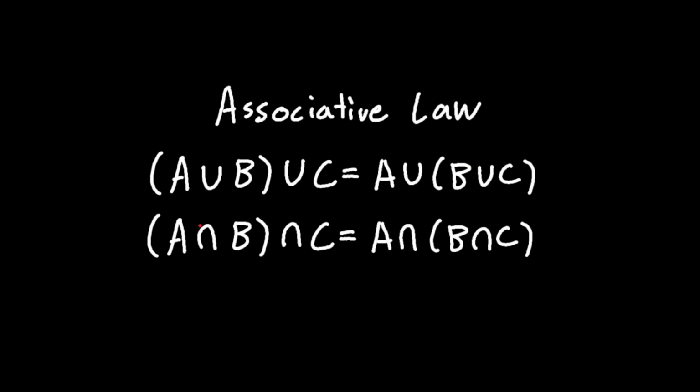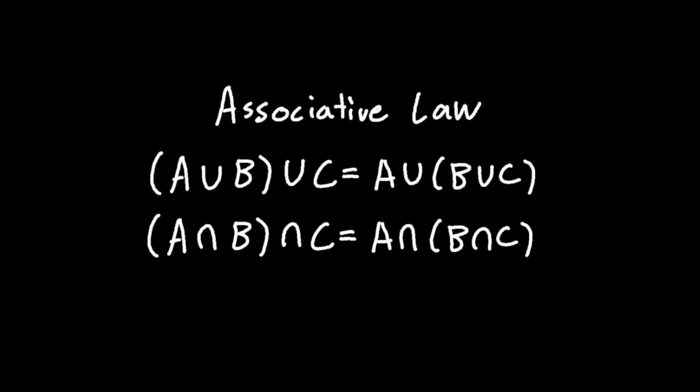Let's say we had a case like A union B intersection C. You would not be able to switch the placement of the parentheses to get B intersection C first. That's just not how it works. You're going to get a different answer. So keep in mind, the Associative Law requires you to have 2, 3, 4 unions, doesn't matter. They all just need to be the same operation in order for you to be able to switch the order of computation.